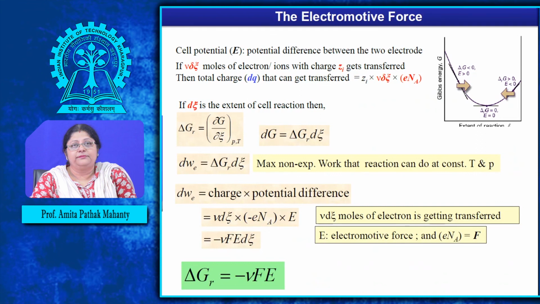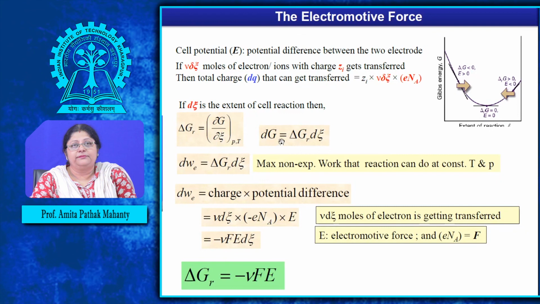If delta xi is the extent of reaction, this side is the Gibbs free energy of reaction, which is nothing but the change in G with the progress of reaction at a given temperature and pressure.